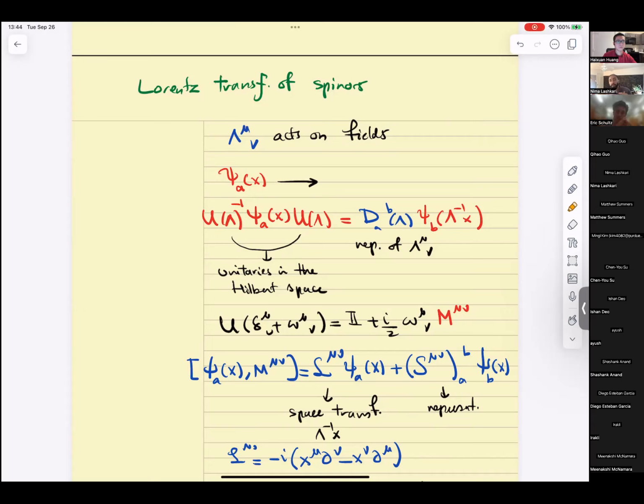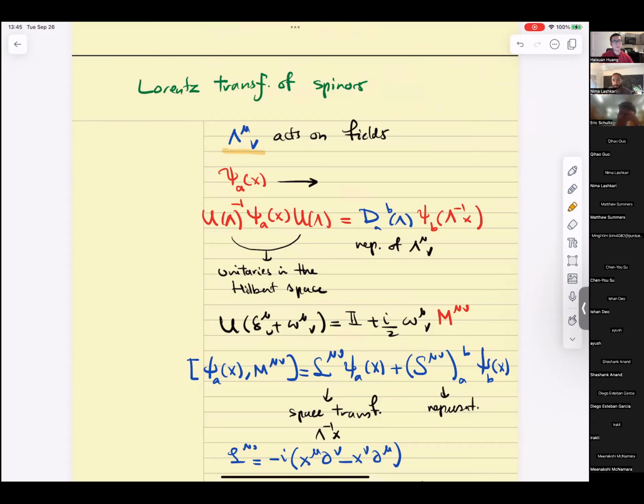Every time I try to come back to the original picture to make contact between this abstract notation and what the whole representation theory was. But if something is confusing, at some point you lost track of things, just ask, and we're going to try to reorient ourselves and make sure we're not lost. All right.